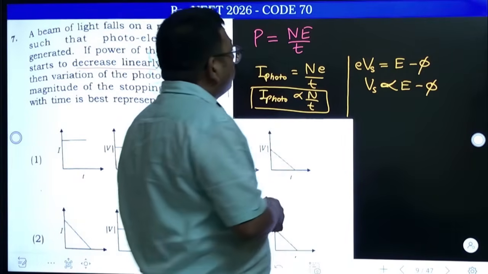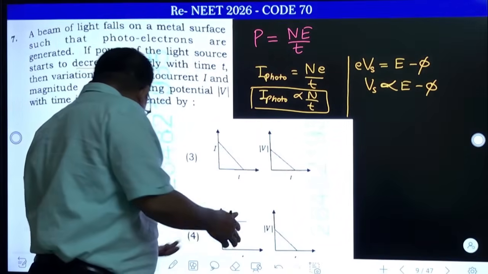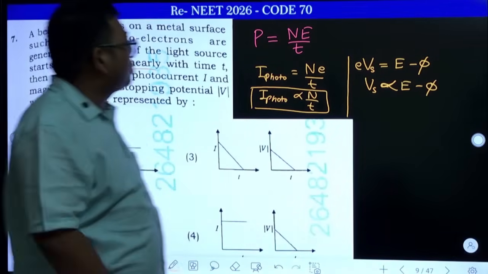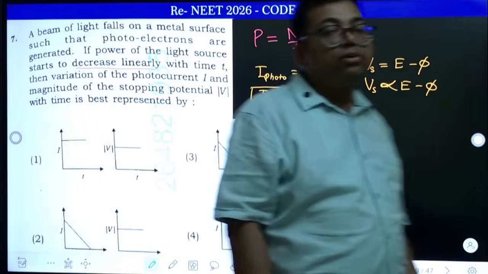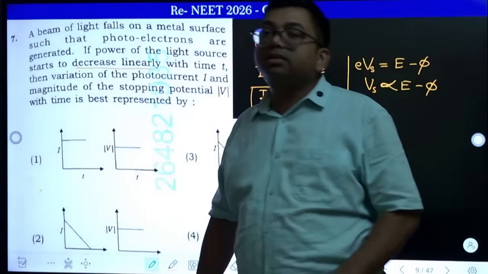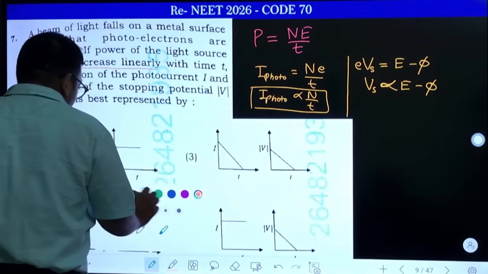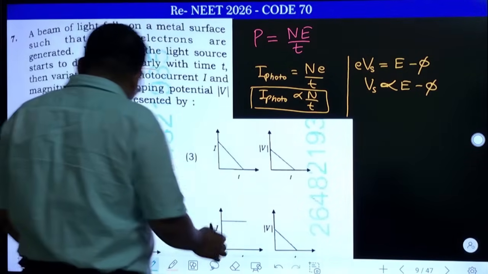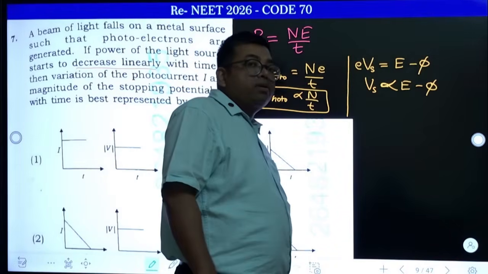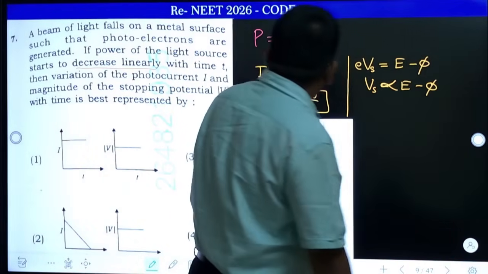Okay, so both criteria can be there. 2 and 4 can also go together, it depends on what conditions. Clearly conditions are not mentioned. So as I told, two options are possible, I think the NTA did not consider this properly.